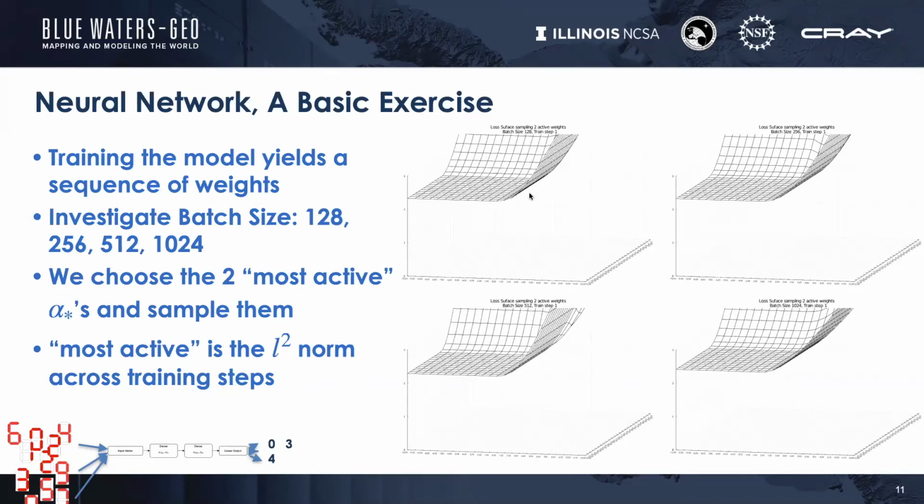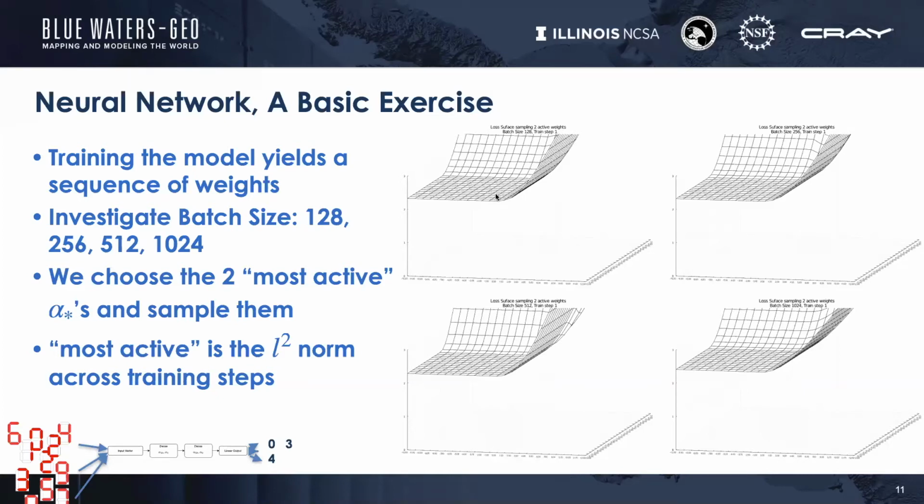So in the upper left-hand corner of these graphs is the loss surface when training with batch size of 128. In the upper right-hand plot is the loss surface when training with batch size of 256. Lower left, batch size of 512. Lower right, batch size of 1024.